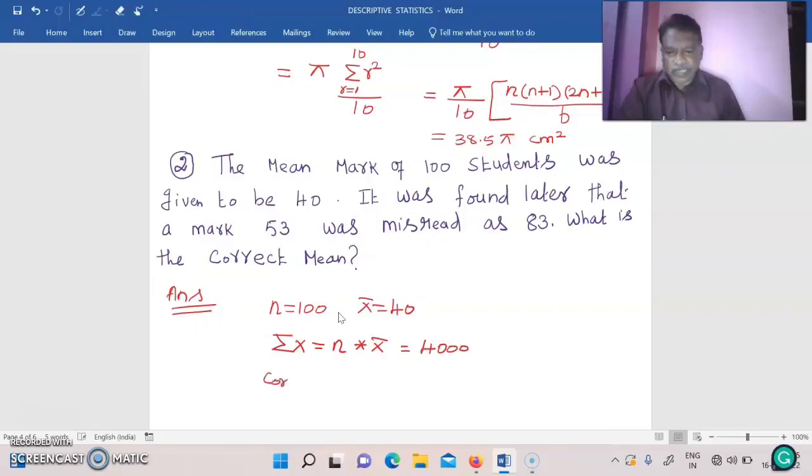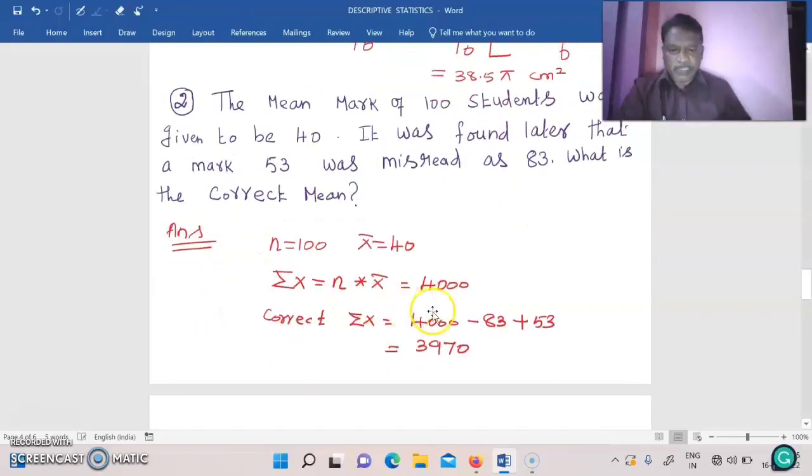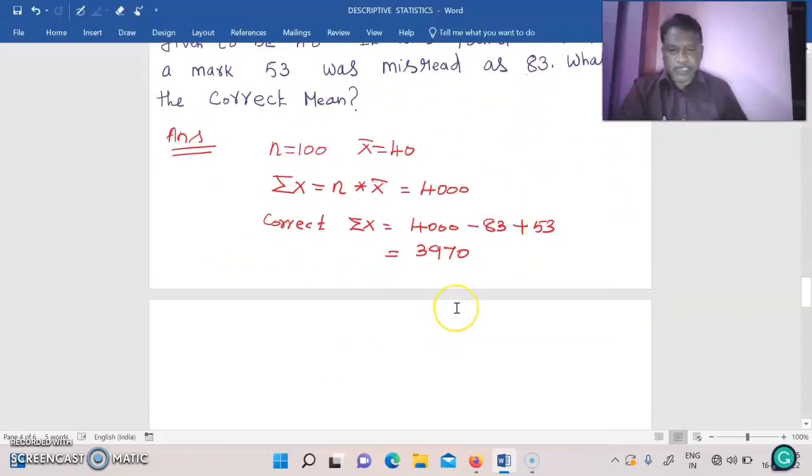So correct summation x is equal to 4000 minus the wrong value 83. Add the correct value 53. So which gives us minus 30. So 3970. So correct summation x equals 3970.